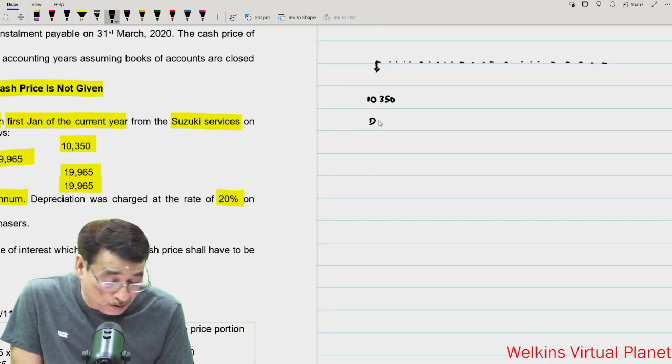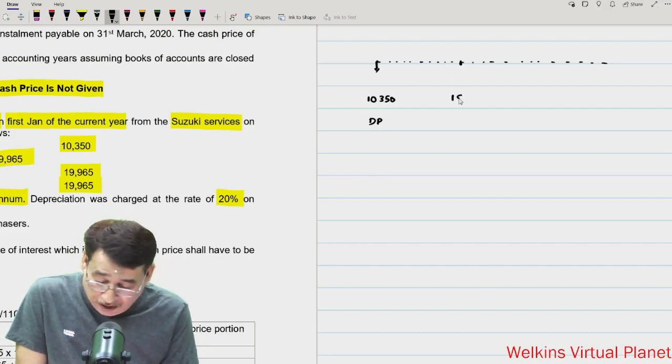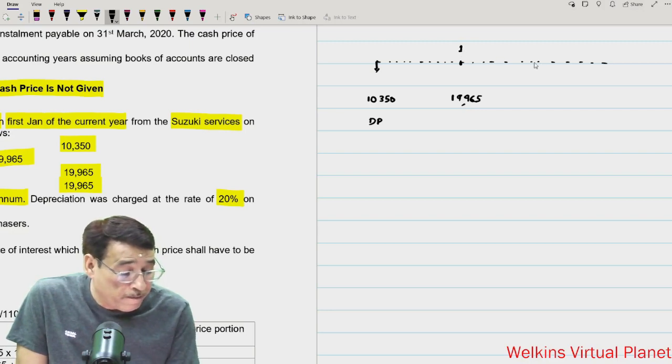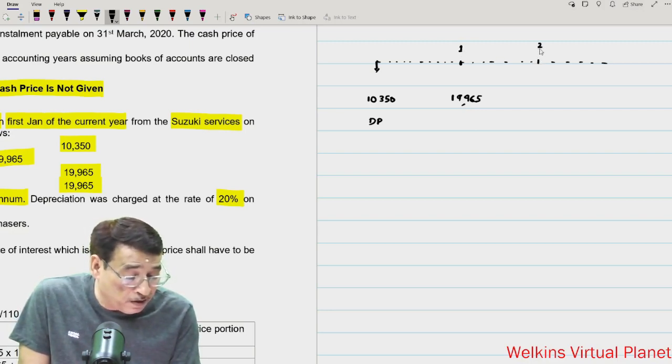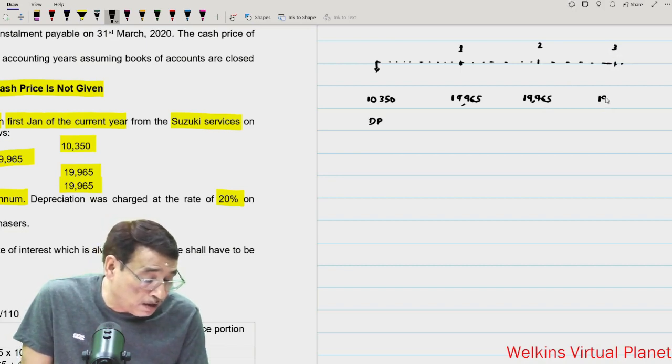Down payment. Then at the end of the first year, the first installment is 19,965. Of course, it is gross installment at the end of the first year end. At the second year end, again 19,965. And of course, at the third year end, 19,965.